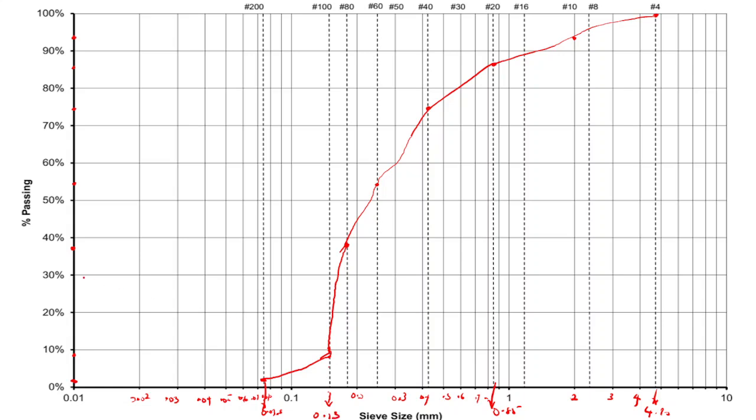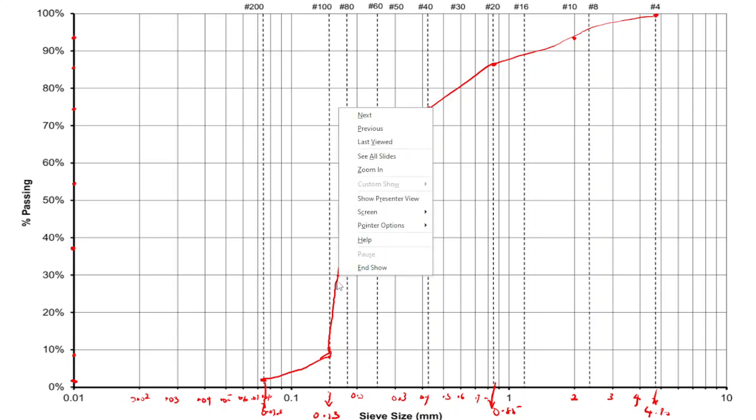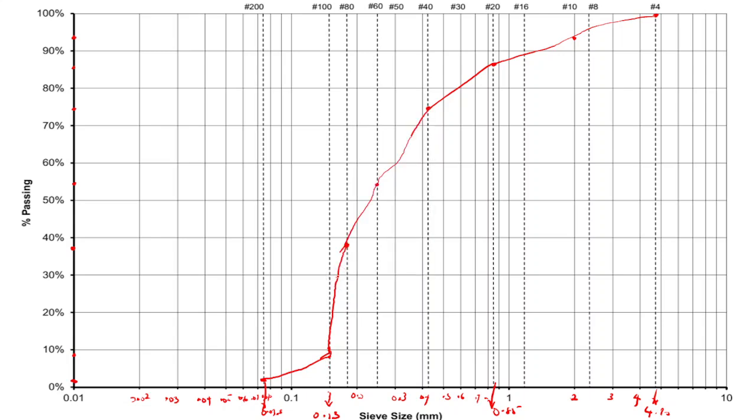You say D30, where it intersects with the curve, you see where it intersects with the curve, you have to draw a straight line to where it will hit on the sieve size, on the x-axis. Okay, so this is for your D30.